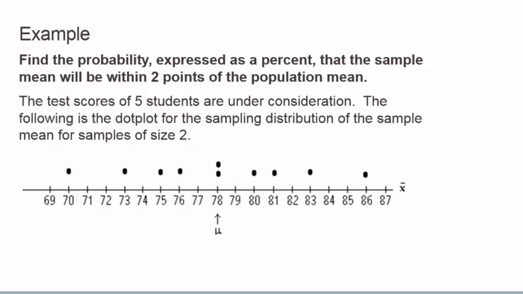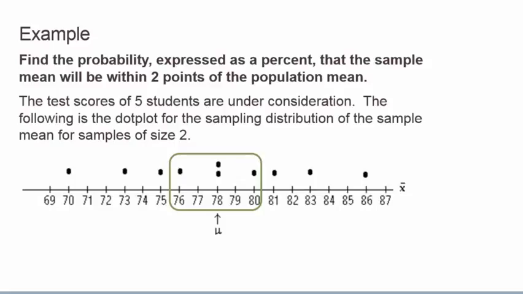To find the probability that the sample mean will be within 2 points of the population mean, we first need to figure out what 2 points represents. If 78 is the mean, 2 numbers to the left would be 76 and 2 numbers to the right would be 80.